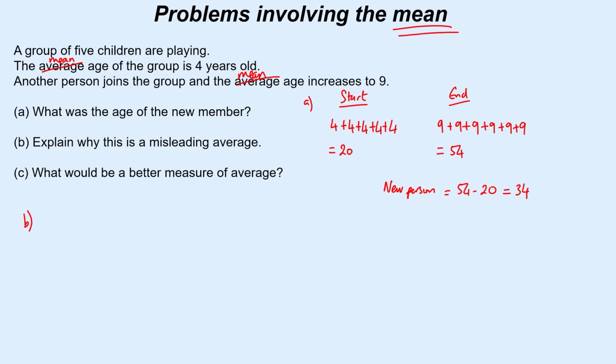Well, that 9's a misleading average because most of the children in the group were about 4 years old. It was only when the adult joined that the average age increased. So that's what we want to say.